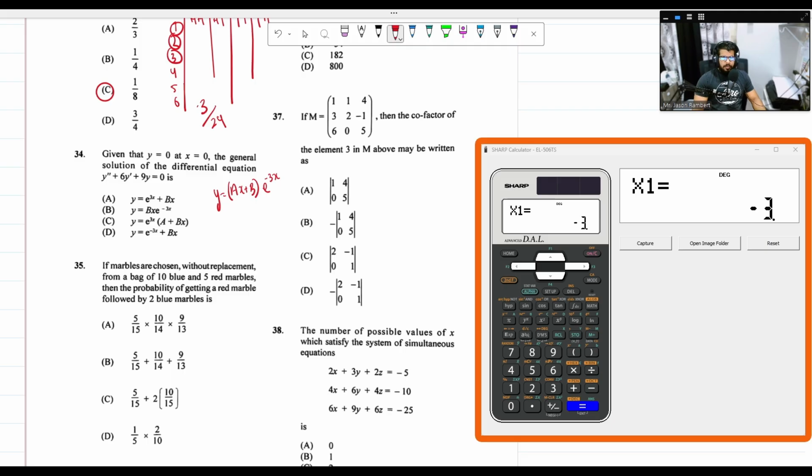And then they say that y is 0 and x is 0. So if this is 0 and this is 0, that is going to be 0 plus b into e to the power 0 is 1. So I'm getting b to be 0. So if b is 0, I'm just going to get axe to the minus 3x. In this case here, a is just a constant, so a could be replaced with b, which is just a constant, so the answer is going to be b.